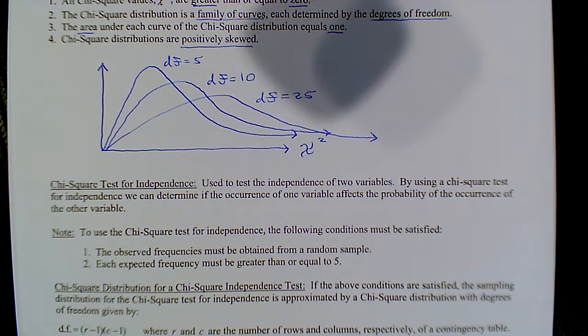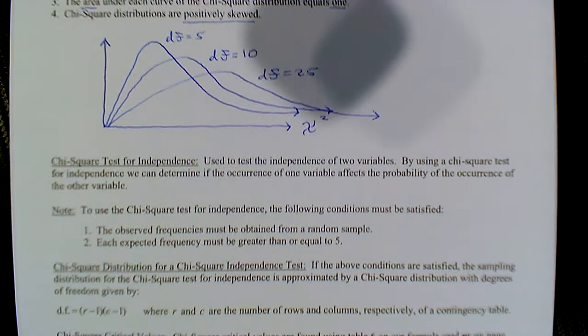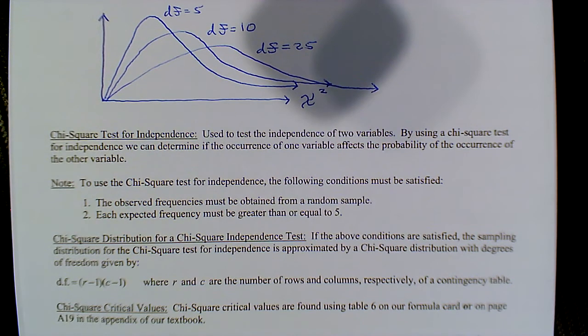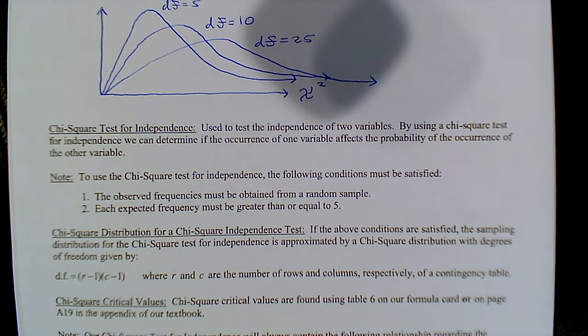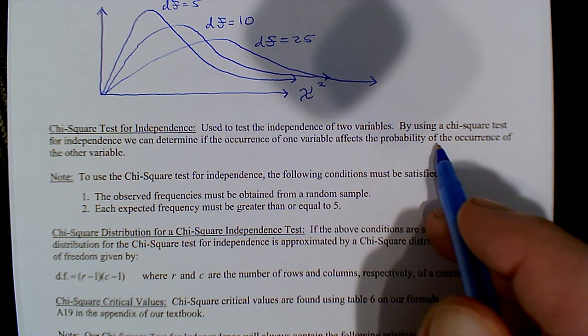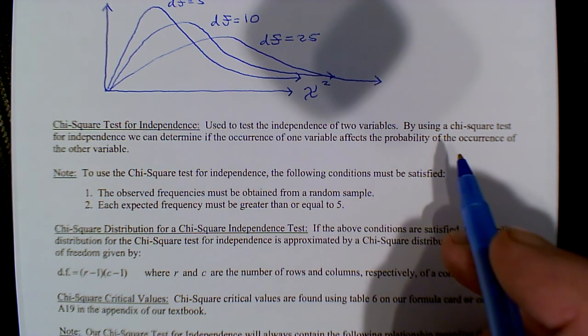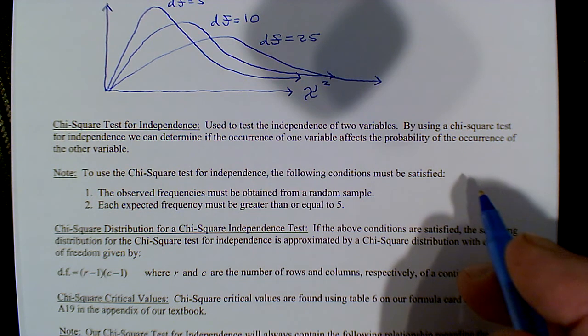Okay, so the way we're going to draw it is more like the first one that we drew with the degrees of freedom of 5. But it's used to test the independence of two variables.